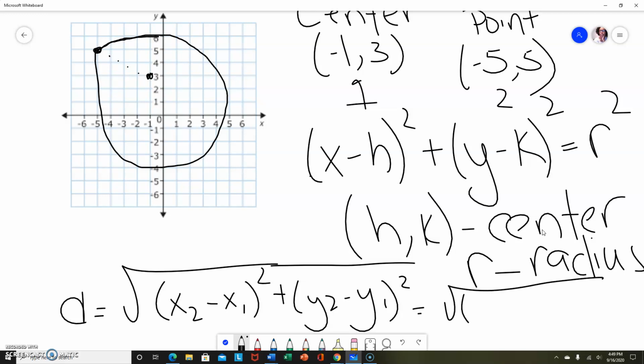So I have x2, which is -5, minus a -1, squared, plus y2, which is 5, minus y1, which is 3, squared. I'm going to move it up now so I can have more room.